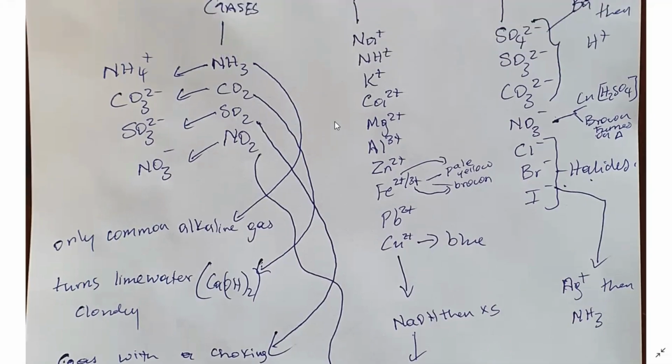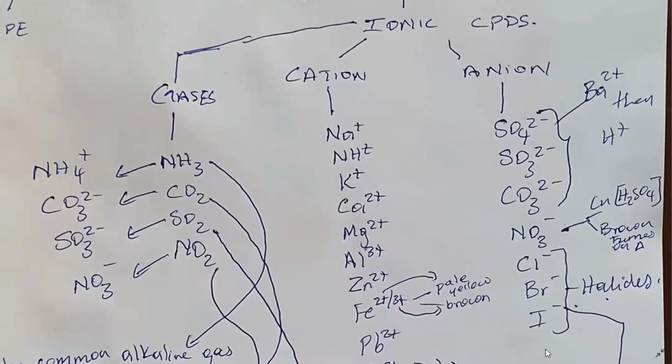All right, so now let us look at the anions. The anions that you need to identify at this level are sulfate, sulfite, carbonate, nitrate, chloride, bromide, and iodide. And these last three are halides, of course.